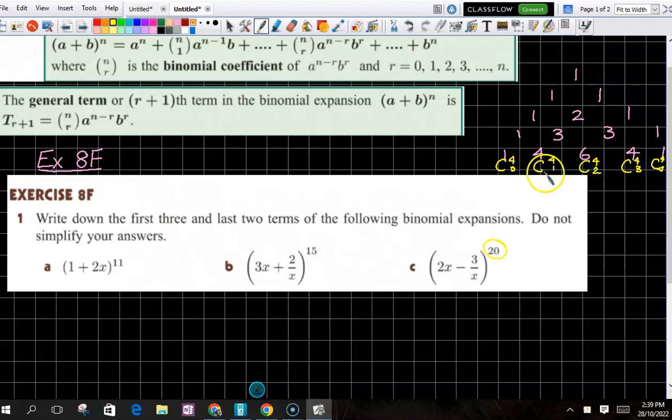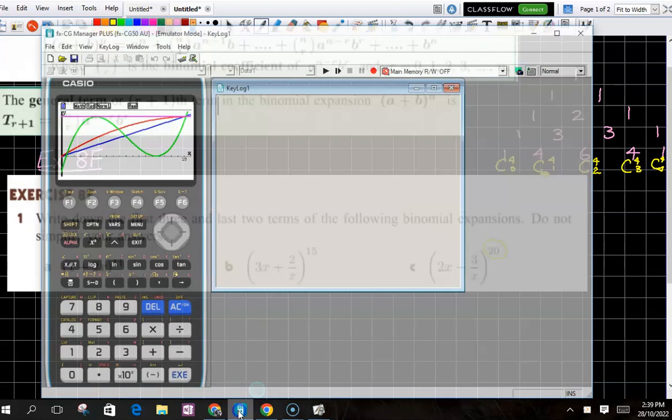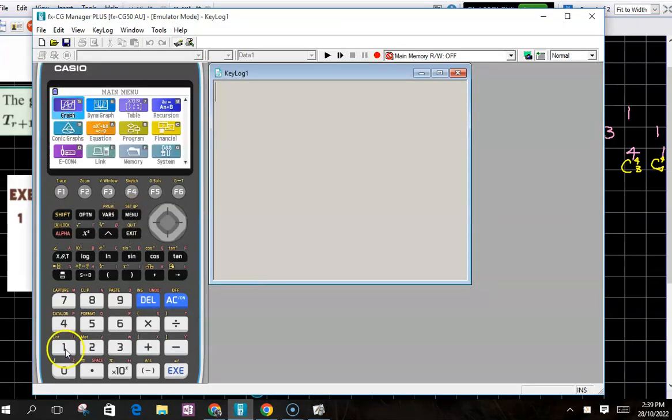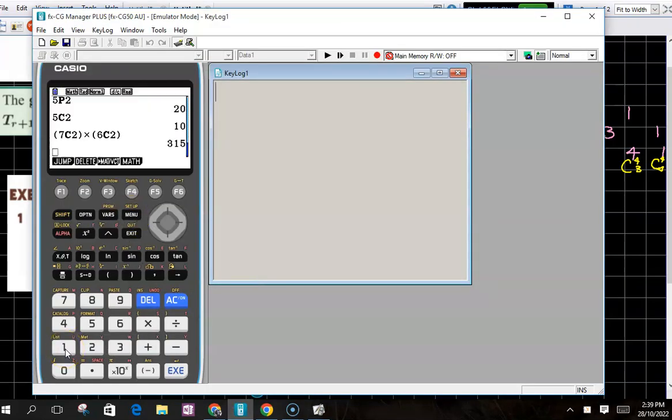If you think about it, C4 1, you're saying how many ways could we choose one person from a group of 4? Does it make sense? There's 4 ways because there's 4 different people. And a reminder, how do we get it on our calculator?